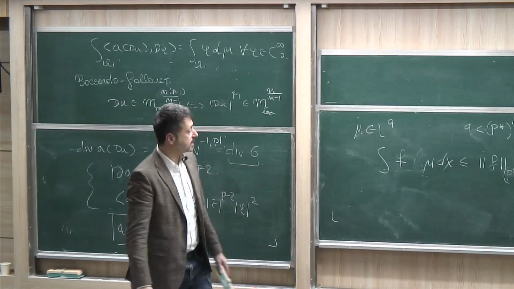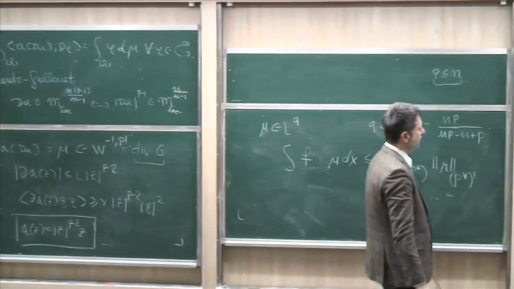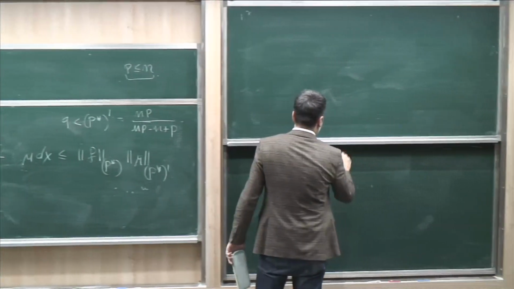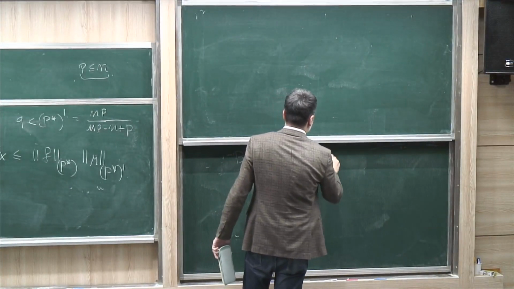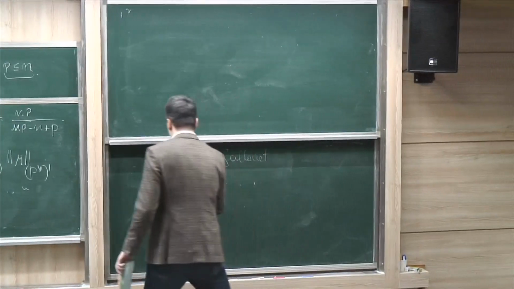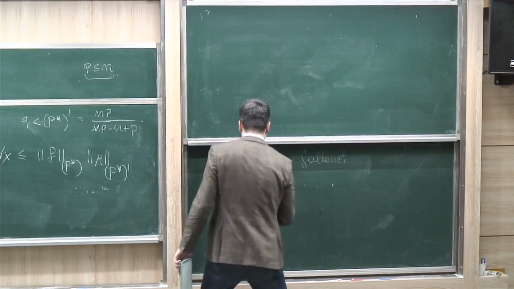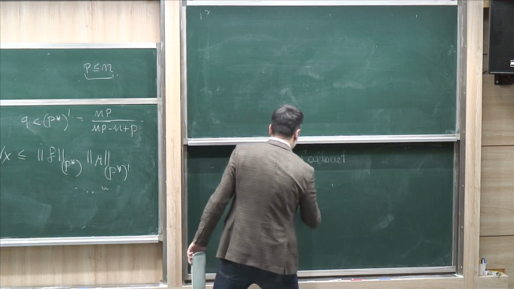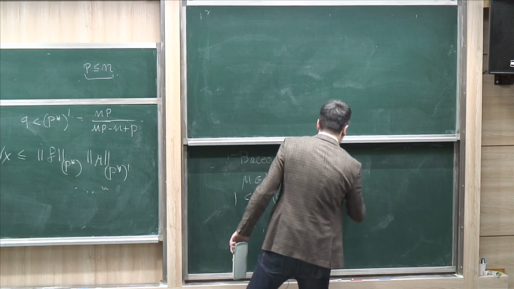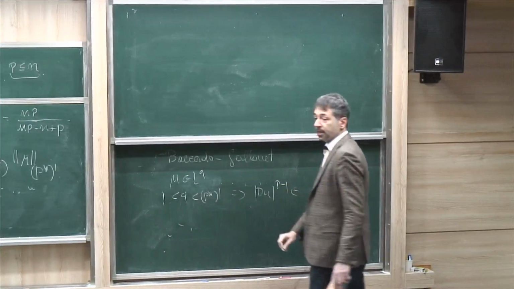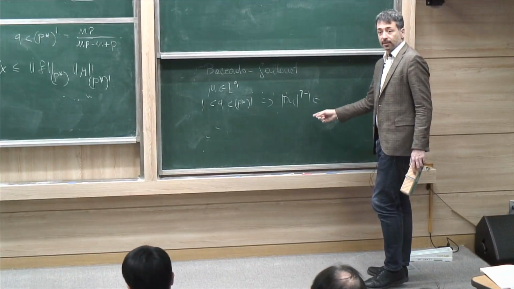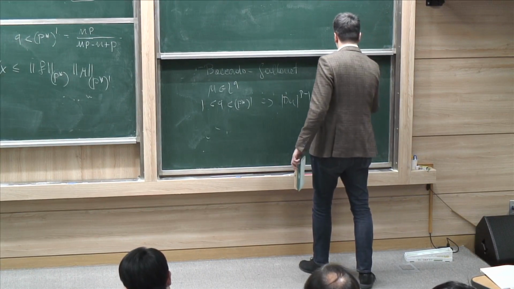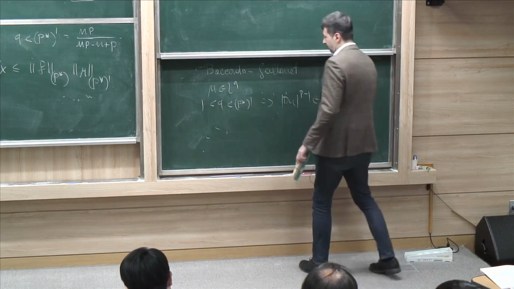So we are interested in this theory, and as long as this is true, there is this other result of Boccardo and Gallouët that states that if mu belongs to L^q, for q larger than 1 and less than p star prime, then you get the exact analog of Calderón-Zygmund theory for the gradient, not for the second derivatives, and this tells you that the gradient has to belong to L^{Nq over N minus q}.